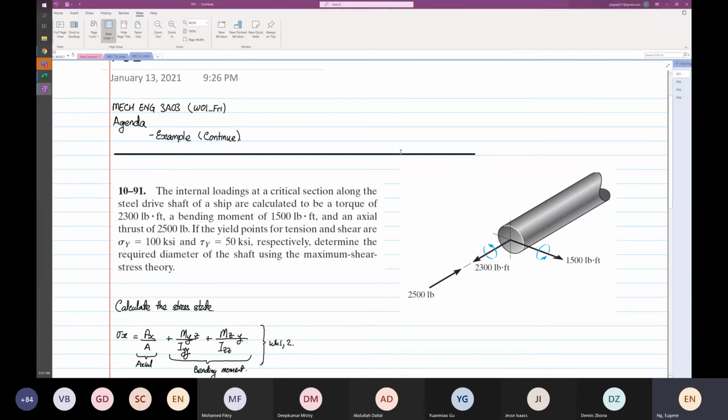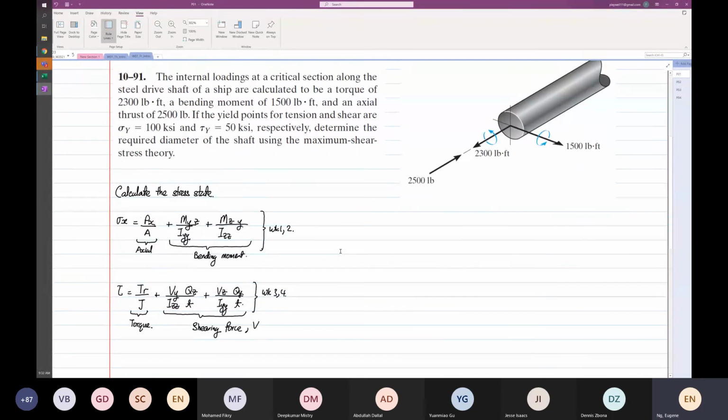So today we're going to continue with this problem. It's a continuation. Just a slight recap of where I stopped yesterday: calculating the stress state. I've just listed down the formula.